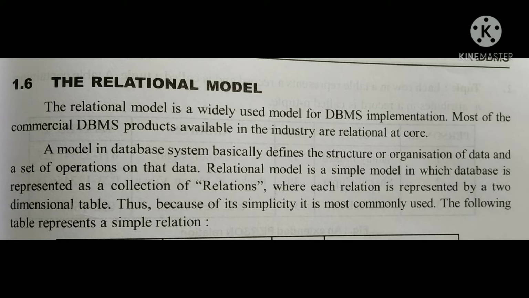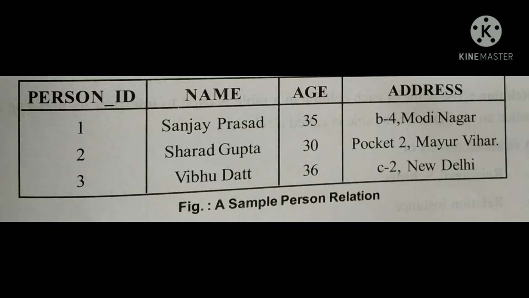Similarly, in the name column: ID number 1 is Sanjay Prasad, age about 35, address B4 Modi Nagar. Person ID number 2 is Sharad Gupta, age about 35, address Pocket 2 Mayur Vihar.